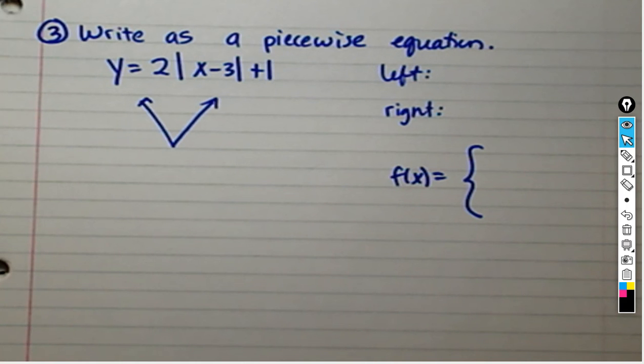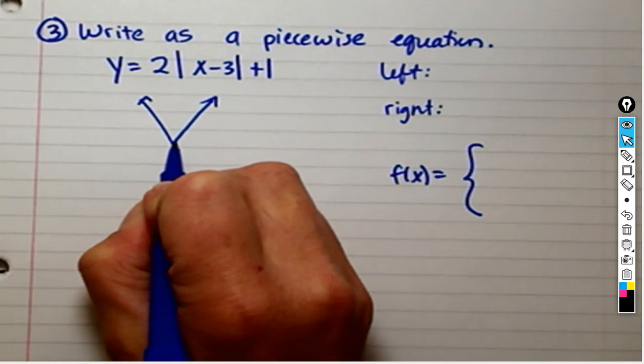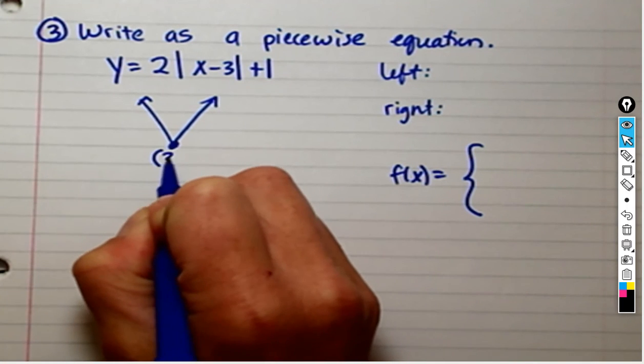This graph opens up. Tip number 2. Sophie, what's the vertex? 3, 1. Yes.